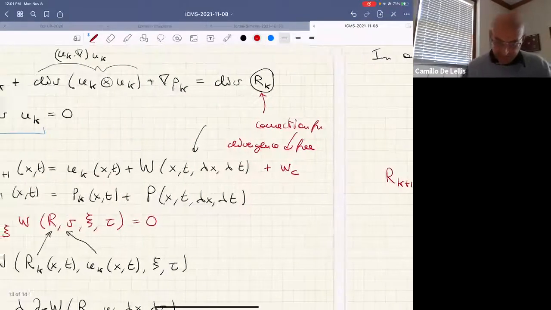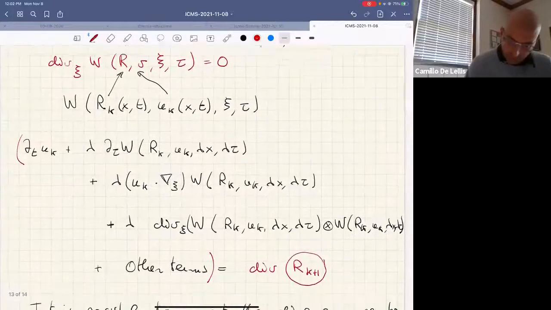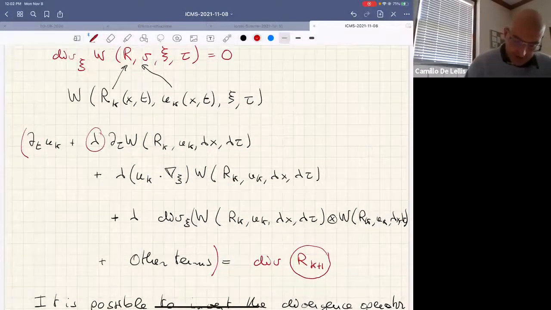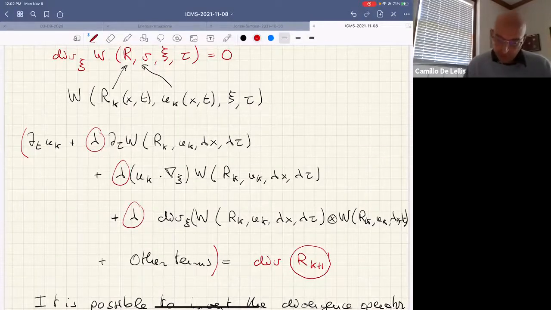And certainly one thing that I want to do is completely kill these terms which have a lambda in front. And if I want to do that, of course, I now need to solve a PDE in tau and psi.